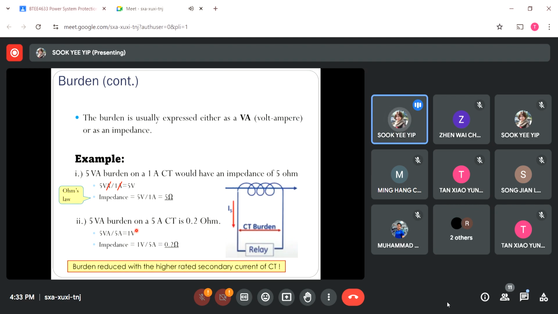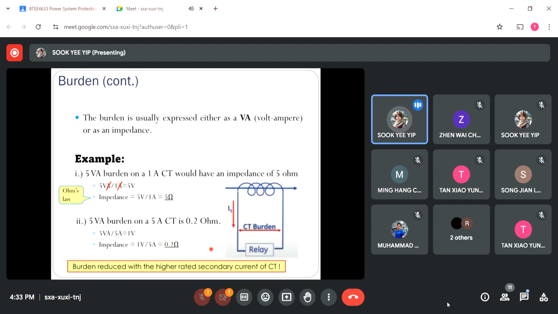So the voltage drop across this relay is 1 volt. After this, just use Ohm's law. The current flow is standardized at 5 amps, so 1 volt divided by 5 amps. You will find that this relay now gives us an impedance value of 0.2 ohm instead.